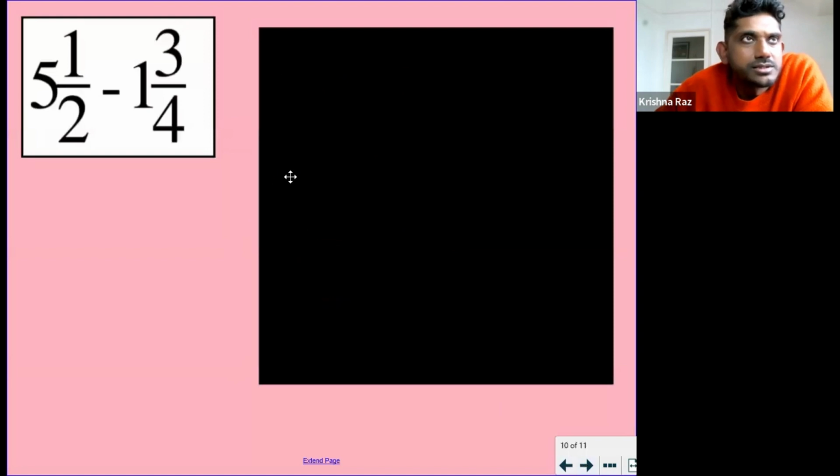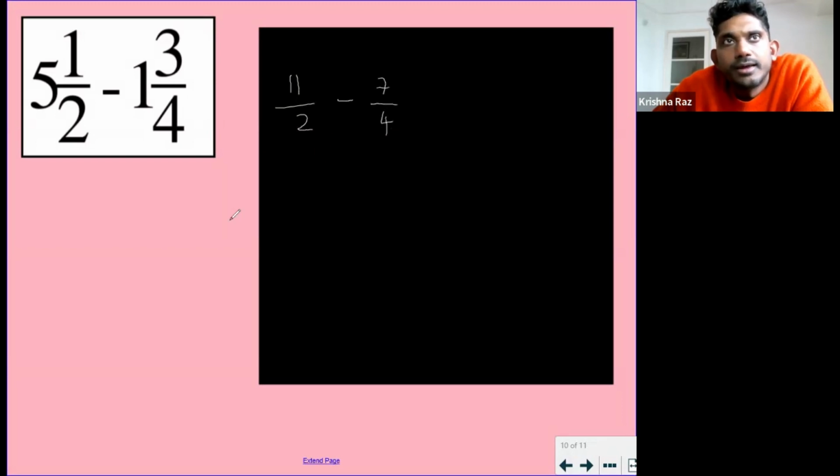And the last example, I've got a subtraction. So first we write this as top heavy fraction. We've got 11 over 2 minus 7 over 4. Now, if I'm clever here, I can realise that the lowest common multiple of 2 and 4 is, well done, 4.